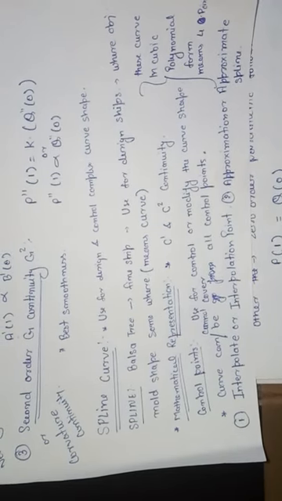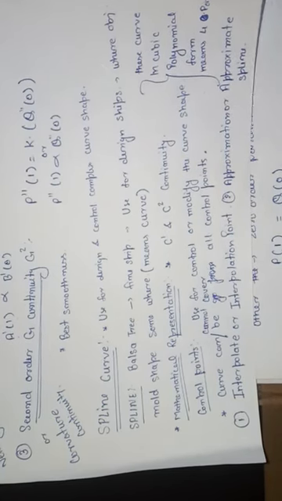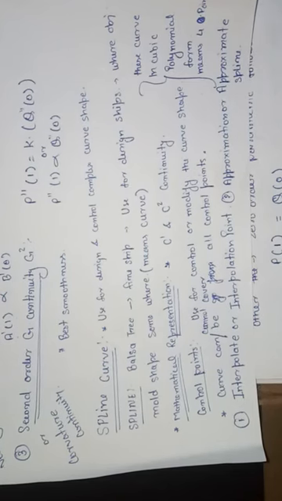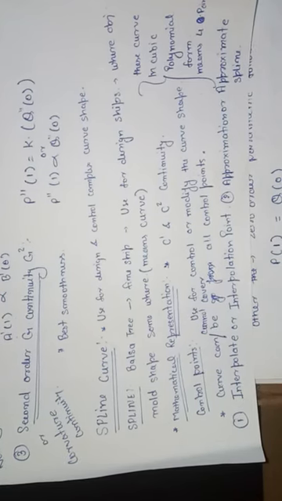Continuity has two types. First one is parametric continuity, and second one is geometric continuity. Parametric continuity has three orders: zero order, first order, and second order.